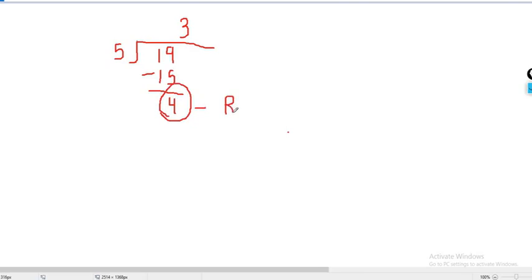Now if I ask beta, what you should subtract from the dividend, what number should you subtract from 19 so that if you divide it by 5, it gets completely divided? Completely divisible means, beta, that the remainder becomes 0. So for that you can see that remainder is 4. So if we subtract the remainder from 19, that means if we subtract the remainder from the dividend, then see what comes, 15.